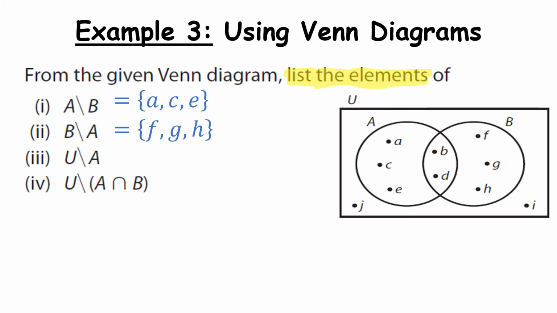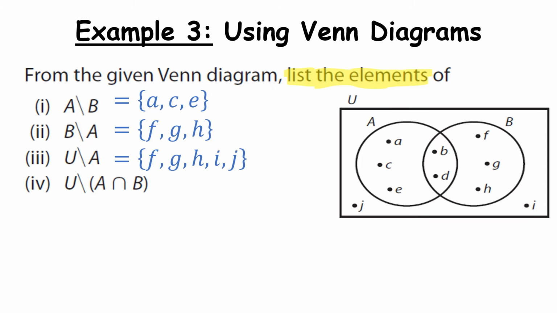If we look at the whole set, so the universal set, and then take away A. So we have the bit on the outside, we have this bit here, and these bits. And we want to take away anything A. So I get rid of that highlight there, and everything that's left highlighted is what we want. So that is F, G, H, I, and J. The last question is the universal set.